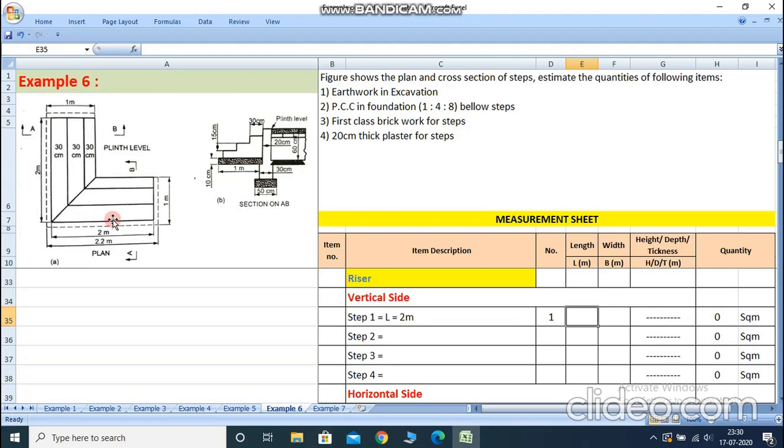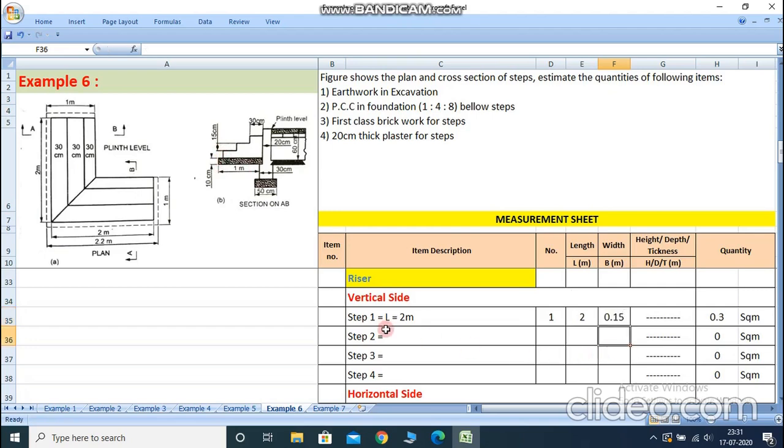But if the values are the same on this side and this side, we change the number and put 2. But for your knowledge we calculated separately. So here the number we put is 1, length is 2 meter and the width is already given, 15 centimeter in the section, so right here 0.15.